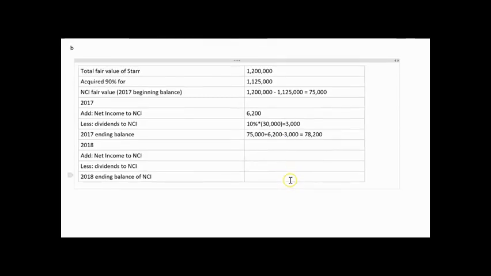When it goes to 2018, we add 2018's net income allocated to non-controlling interest, which is 8,200, and then subtract the dividend paid to the non-controlling interest, 10% of 30,000.